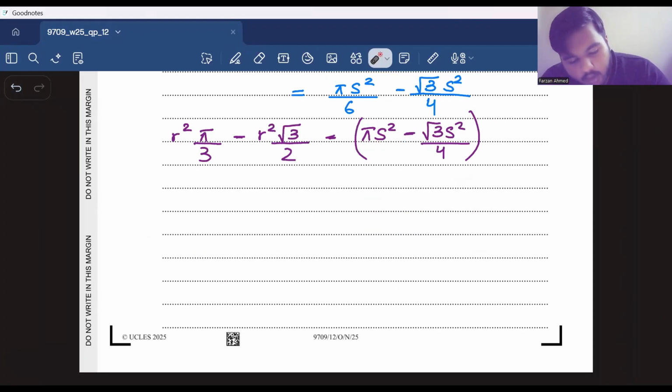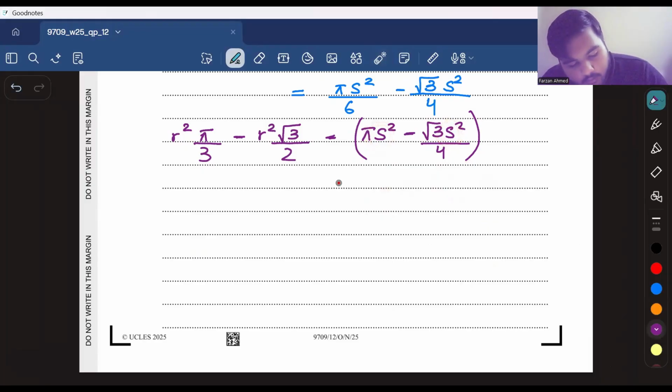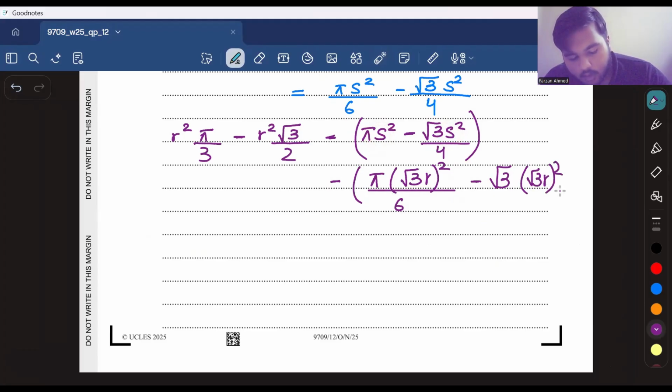now in the case of this s, in part A we have s equal to square root of 3 r. So in place of this we will write pi times square root of 3 r whole square upon 6, minus square root of 3 times square root of 3 r whole square upon 4.